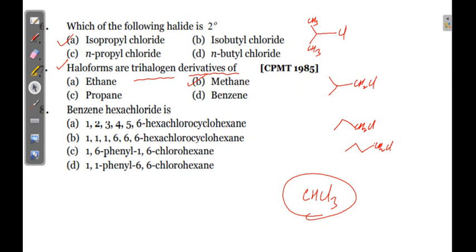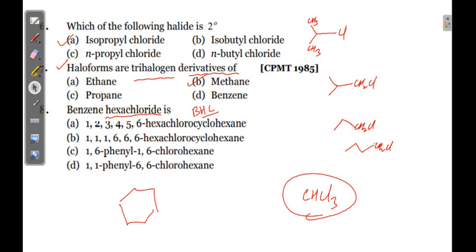Next, 8th question. Benzene hexachloride. This short name is BHC. Benzene hexachloride: in this name, benzene was there, and after that, six chlorines came extra. So this is the benzene structure.